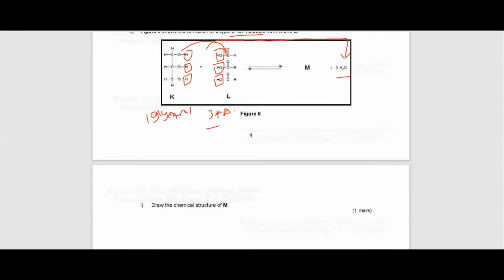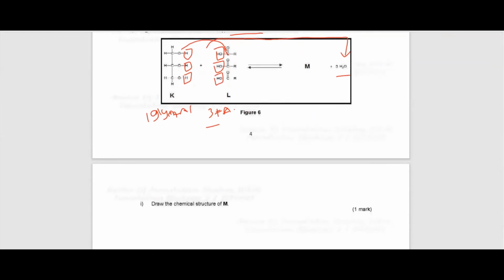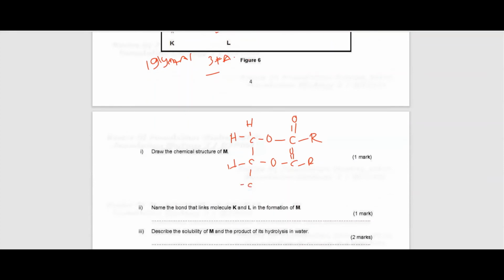Okay, you just draw the molecule properly, where you have the hydrogen, carbon, O. Okay, so O, you bond with the carbon of the fatty acid and the R group, which is the hydrocarbon. O, C, double bond O, R, and then another carbon.